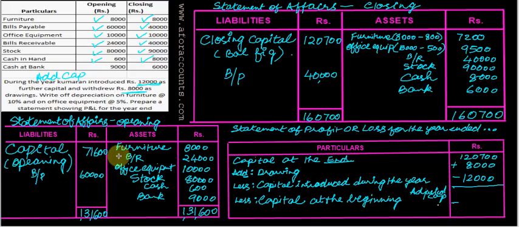What is capital at the beginning? Pick the figure from here, 71,600. So your net profit for the year comes to 45,100.